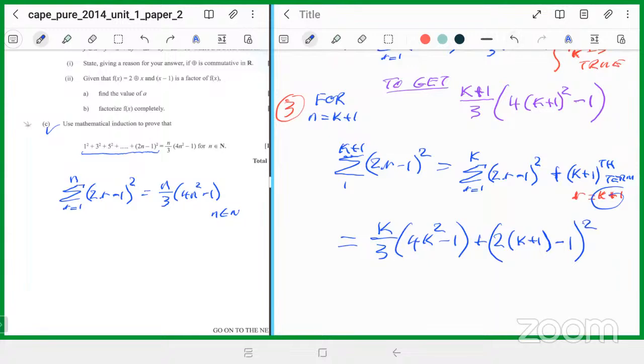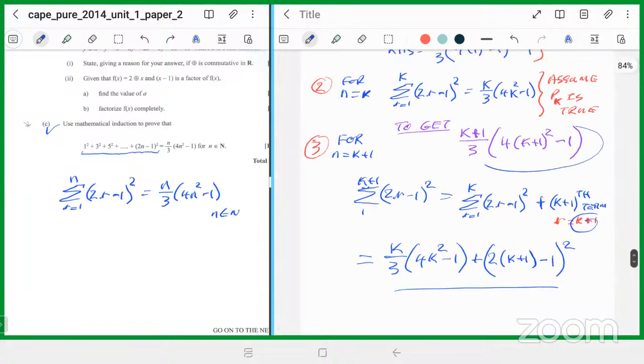So everything that I have right here is supposed to work out to this thing. And that's your task to do. That's why phase 3 is the working phase. Step 3 is the working phase. So your algebra has to be good now. You have to be able to rearrange and transpose and factorize and so on. Inside here, I see this as the square completed, but you need to factorize.